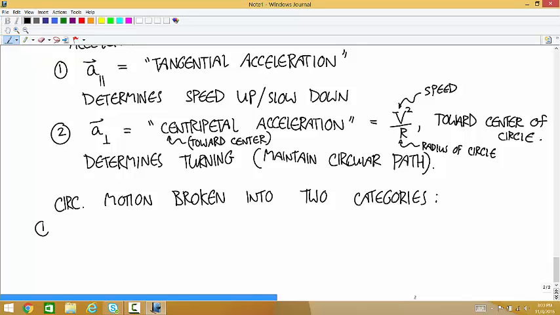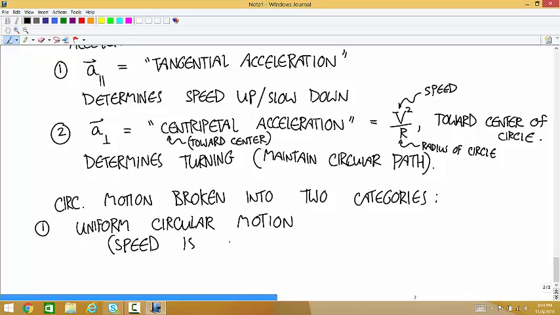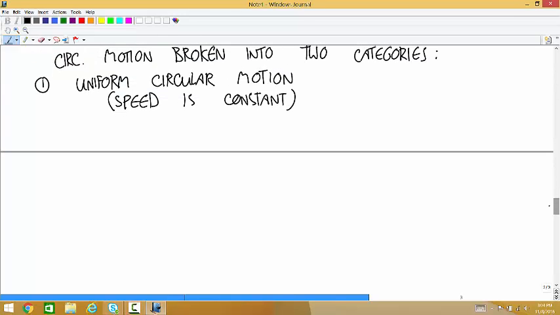The first one is called uniform circular motion. This is when the speed is constant. An example of that is like tetherball problems.